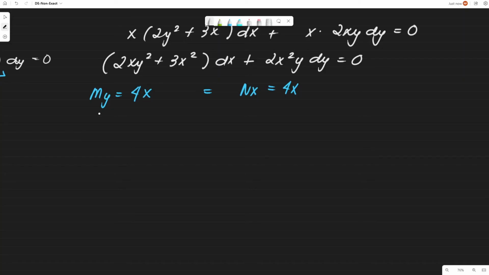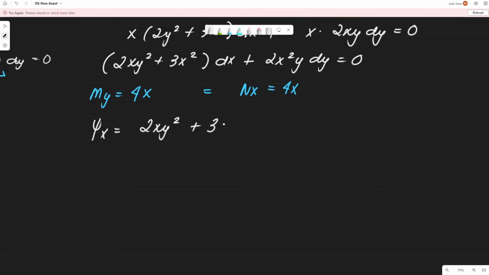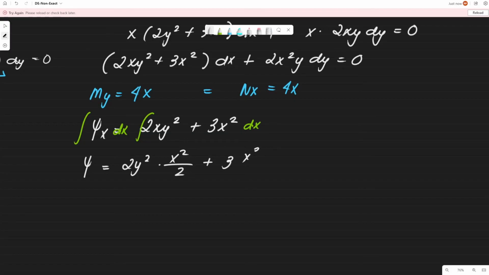So we have psi x is equal to 2xy squared plus 3x squared. Let's get the antiderivative with respect to dx. We'll have psi is equal to 2y squared times x squared over 2 plus 3 times x cubed over 3 plus f of y.